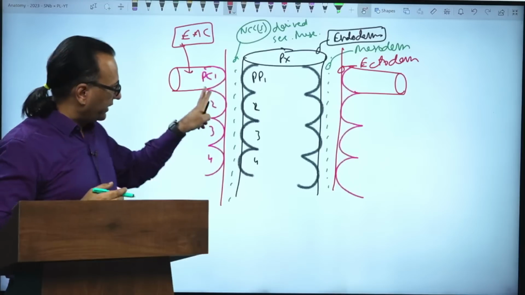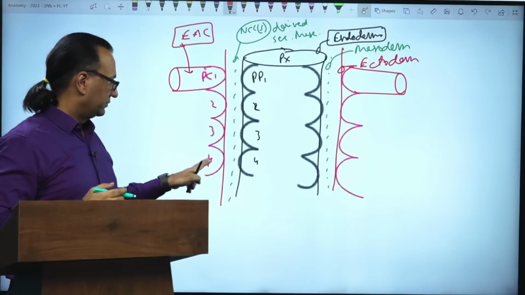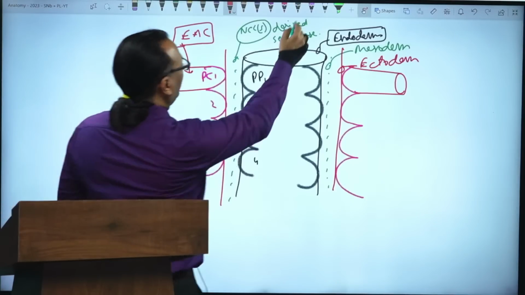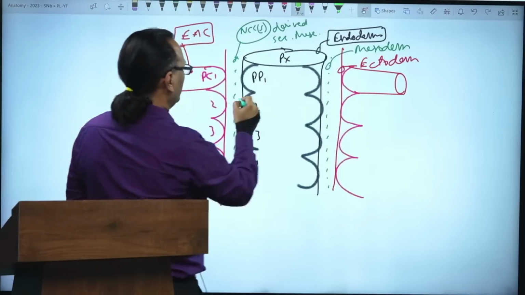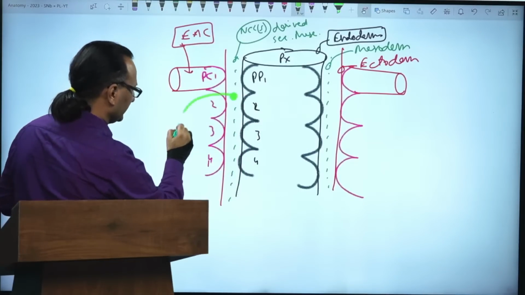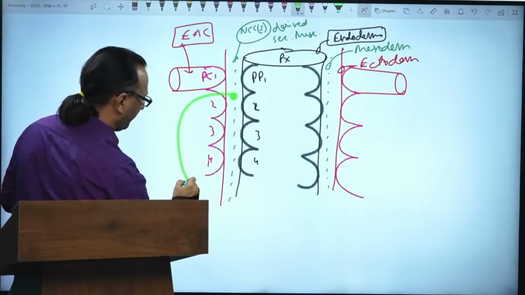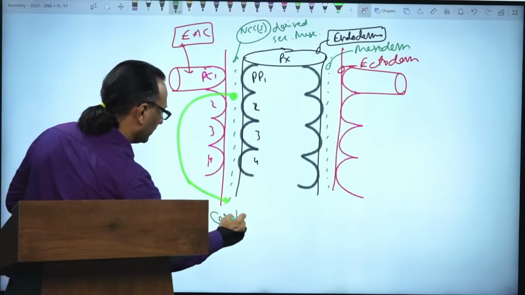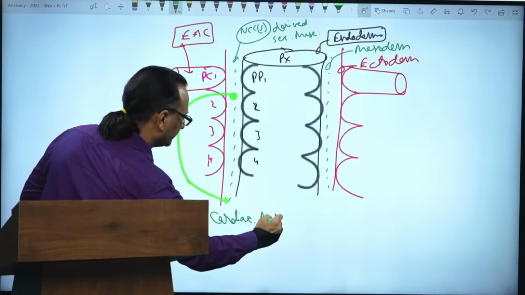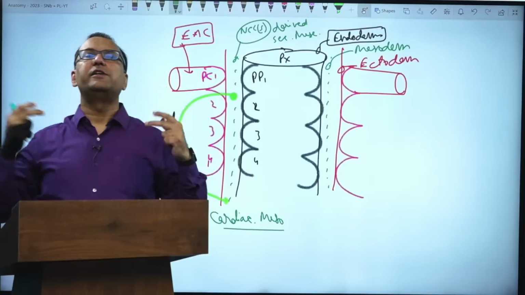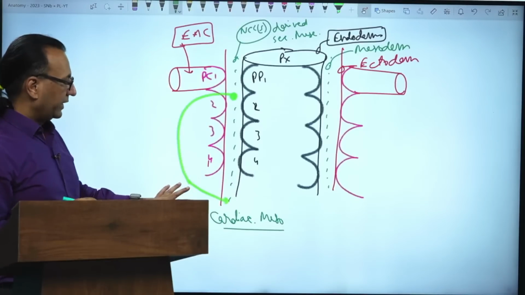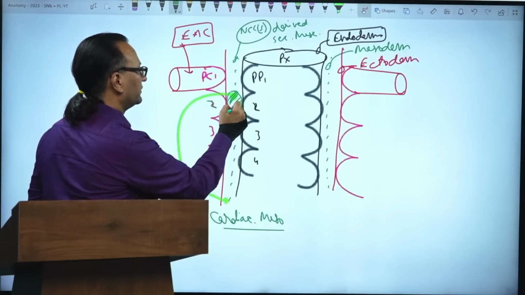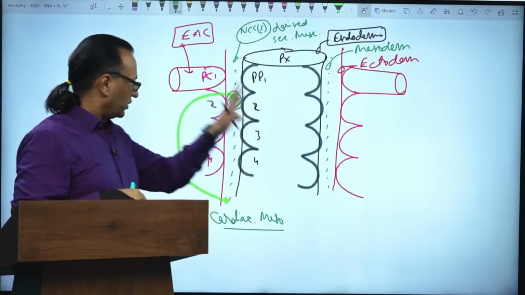Otherwise cleft number 2, 3, 4 they get obliterated. Now how cleft number 2, 3, 4 get obliterated is by the growth of second arch mesoderm covering it and obliterating it and fusing with what is called cardiac mesoderm. So what is happening is second arch mesoderm overgrows on this side, on that side also.